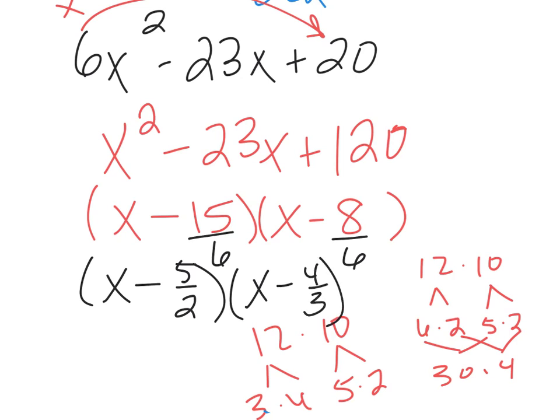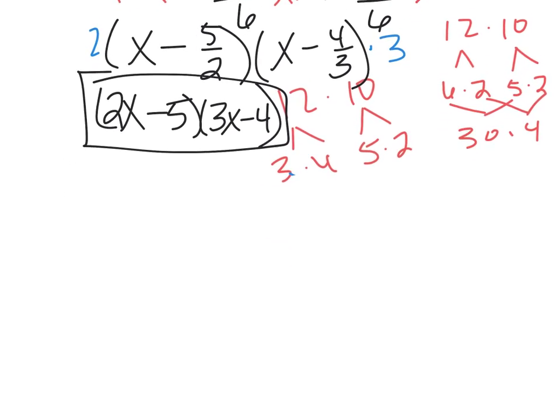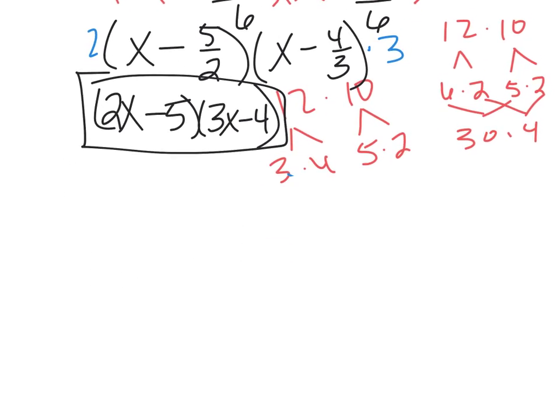Now I'm going to multiply this by 2 to clear the denominator, and this by 3 to clear that denominator. So I end up with 2x minus 5 and 3x minus 4. And then, of course, I would go through and make sure that I get the right answer.